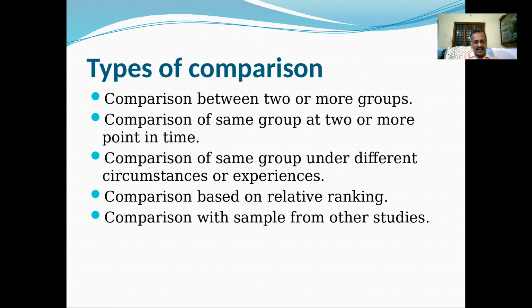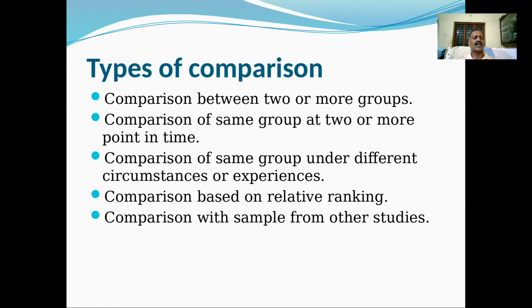So the same person is compared at two or more points in time, and we are able to say whether this increase in heart rate is a normal increase, or whether there is an abnormal increase and the person has a heart problem. The first comparison is one group with another group, and this is the same group compared at two or more points in time.